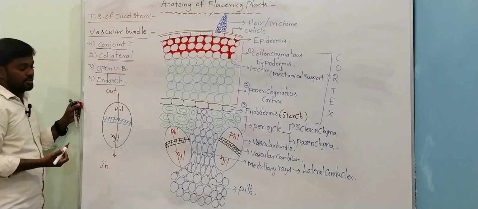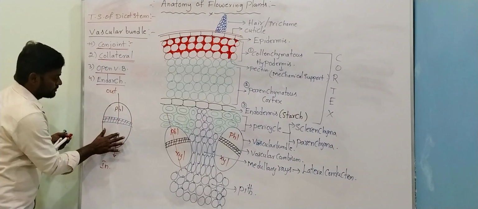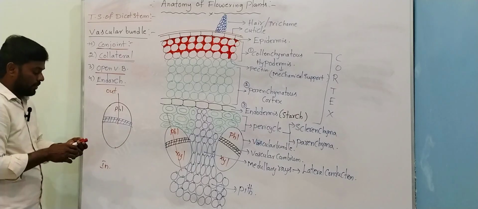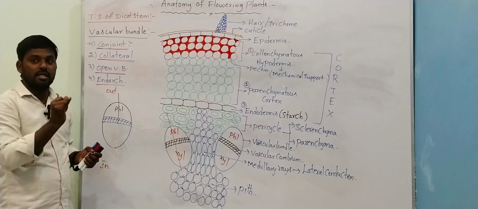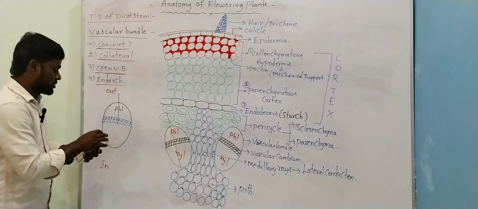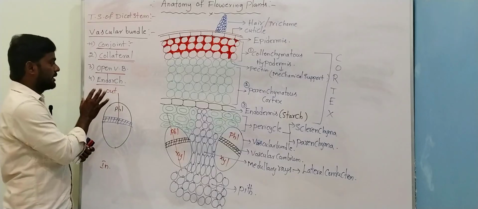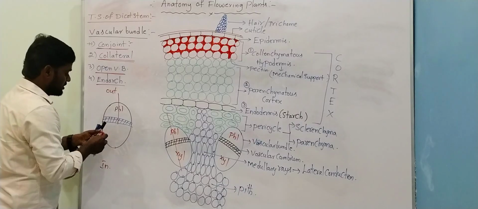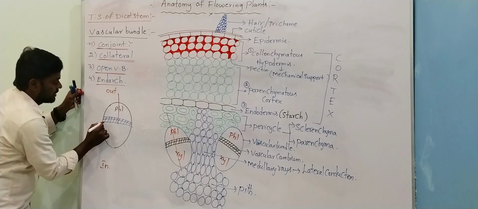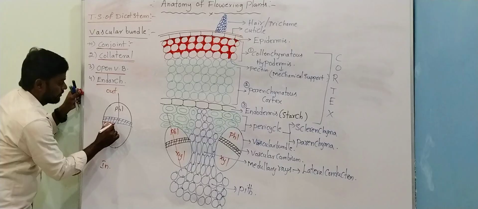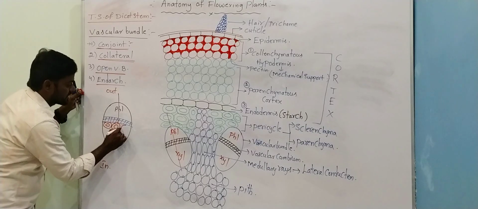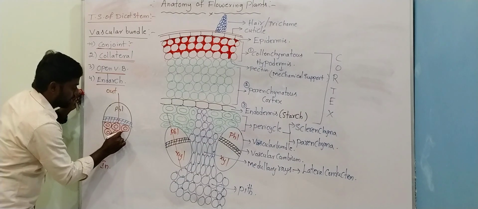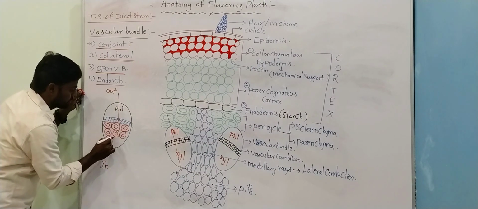And next one, endarch. Here three words are present: exarch, endarch, mesarch. I will tell you only endarch in this topic. Exarch and mesarch I will tell you later on. Endarch means, here the bigger vessels are present, and here the smaller vessels.